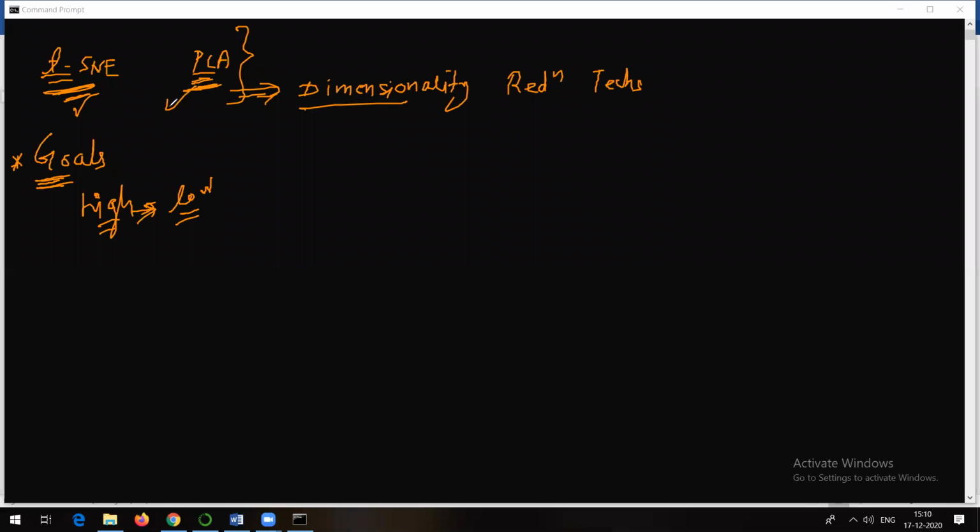Now talking about PCA, as we have seen, it's unsupervised, but it's a deterministic algorithm which is used for feature extraction as well as for visualization.